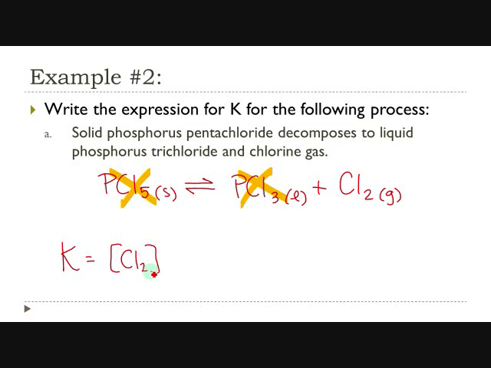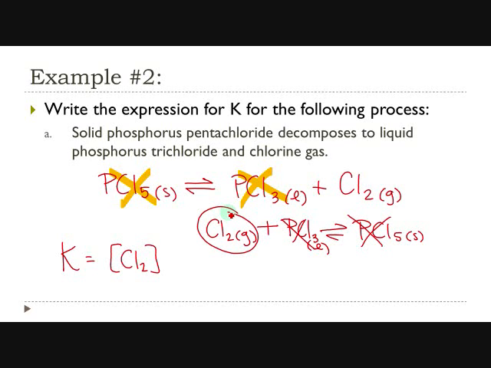What if we had the reverse reaction? Like, let's say that it was the Cl2 gas with the PCl3 liquid, and then we had the PCl5 solid. If we had this reaction that we needed to write the expression for, and we crossed off these guys, the Cl2 is a reactant, so it technically needs to go on the bottom.